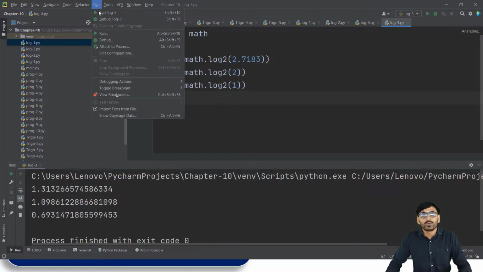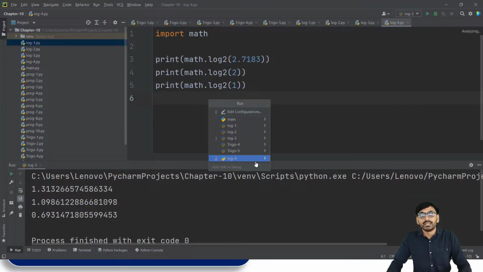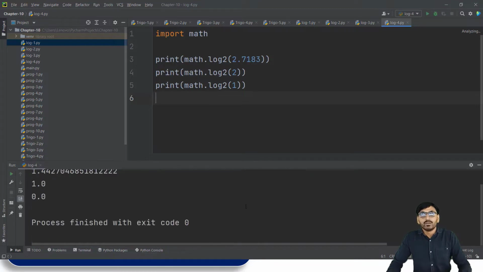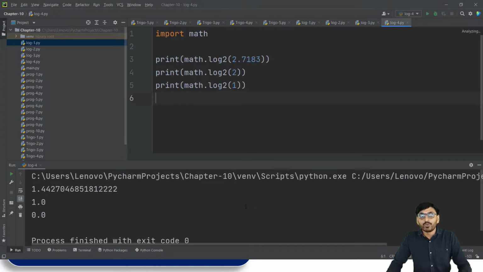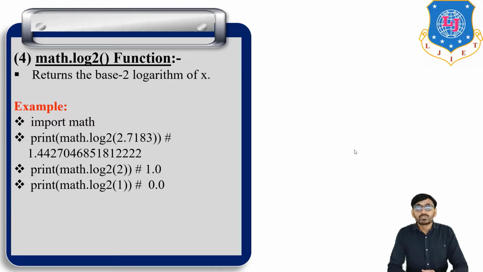If we run this program, then the output is 1.44 something for the first one, 1.0 for the second one, and 0.0 for the third one. Okay. So in this lecture we discuss some trigonometric functions and some logarithmic functions of the math module.